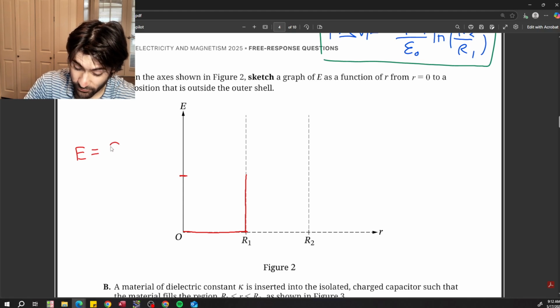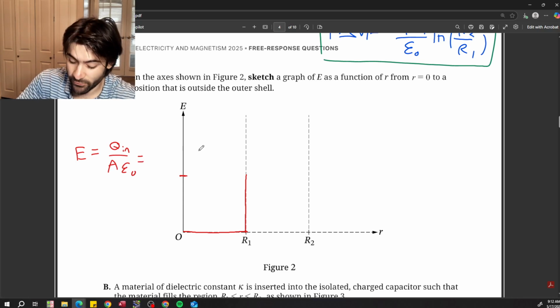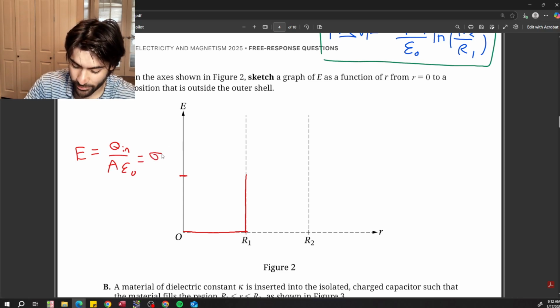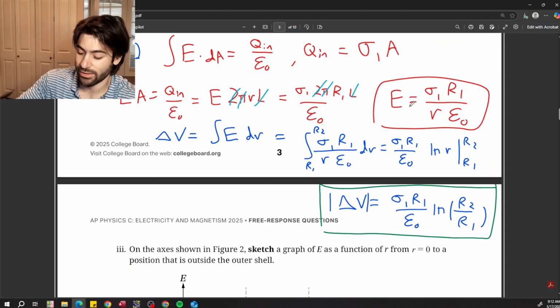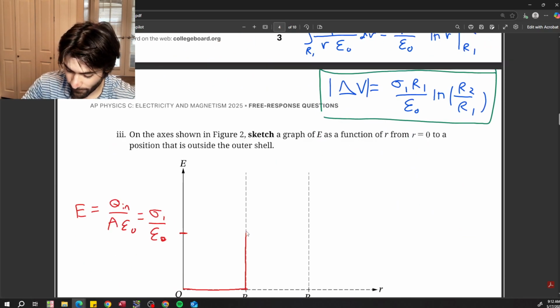E is equal to charge inside over A epsilon naught. Well, charge inside over A, that's just the density of the inner coax, charge per unit area, over epsilon naught. This will be charge enclosed over epsilon naught, and we have an inverse relationship with R, so it will start looking like the graph of 1 over x, where it decreases inversely.